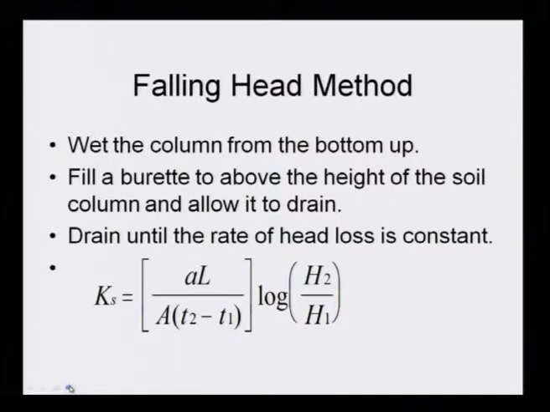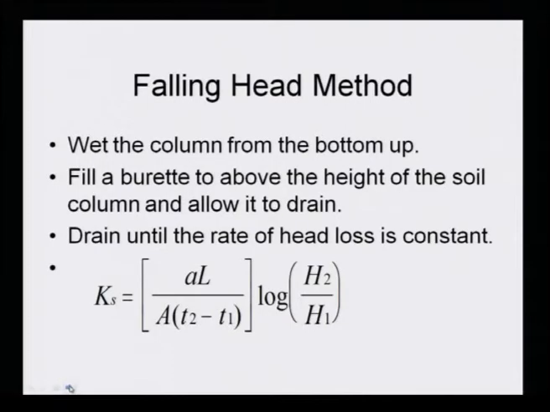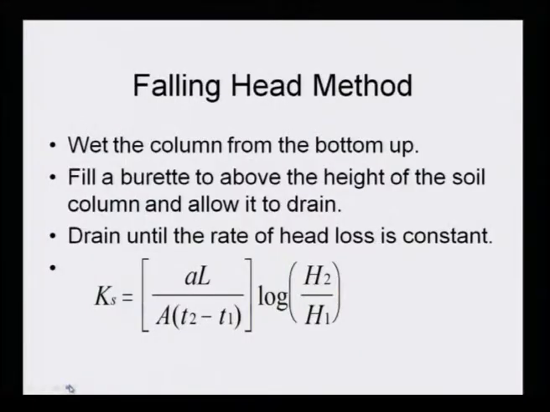It is called falling head because the head varies. The falling head method is generally used for fine grained soil, whereas the constant head method is used to find the coefficient of permeability of coarse grained soil.